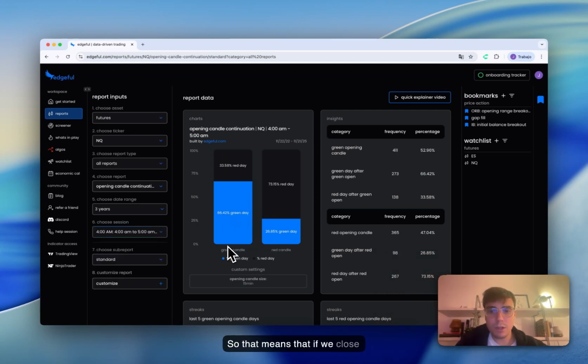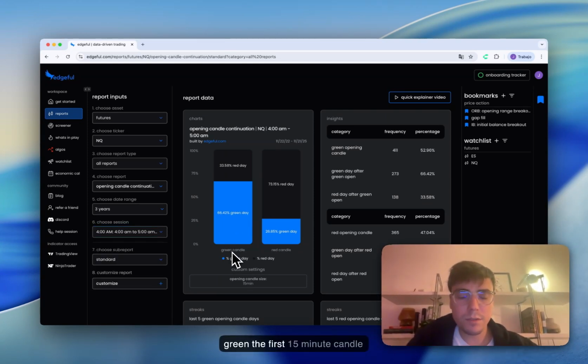So that means that if we close green the first 15-minute candle of the 4 a.m. hourly candle, we're gonna have a 66.42% chance to finish the 4 a.m. candle green, and instead a 33.58% chance to close the hourly candle red.